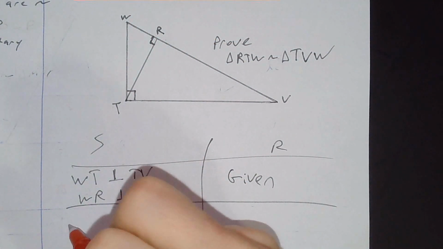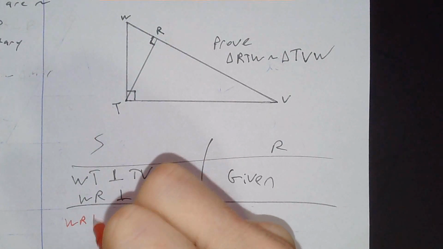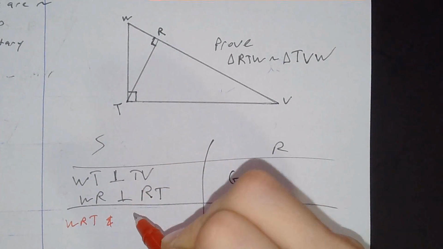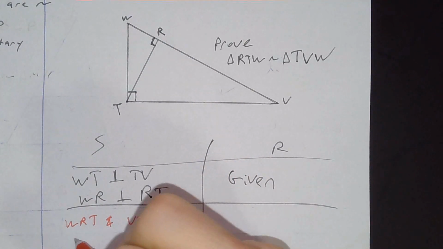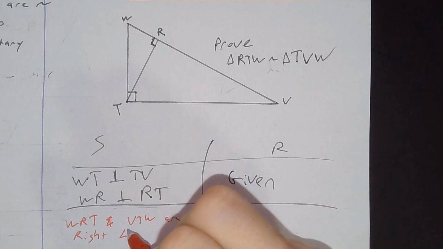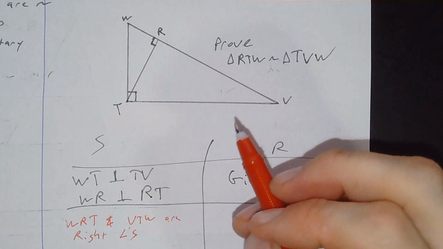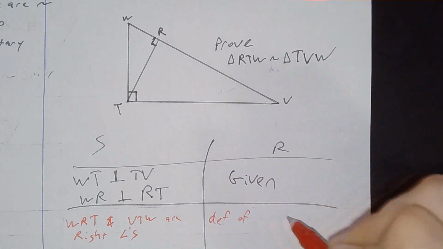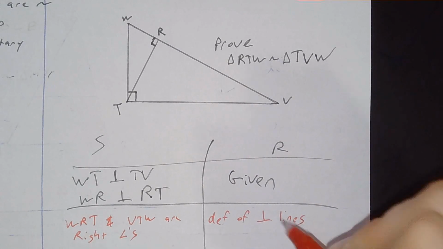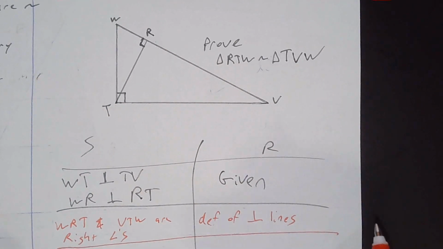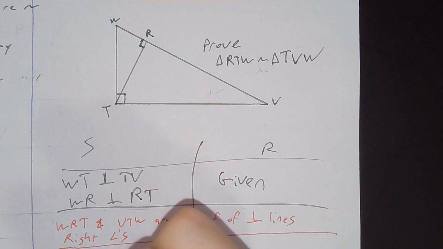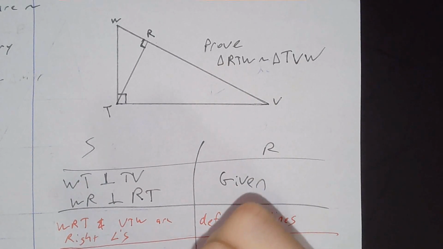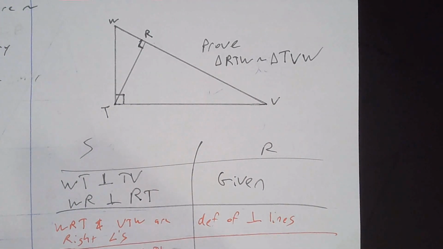So we'll just say that right away. WRT and VTW are right angles. And that's the definition of perpendicular lines. Okay, and then we're going to say that the measure of angle WRT and the measure of angle VTW equal 90 degrees.